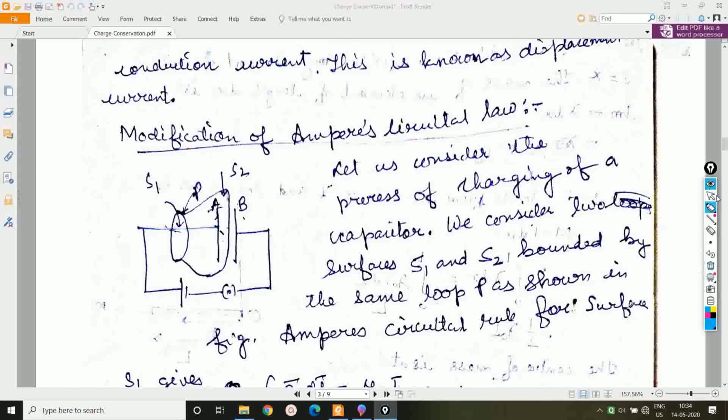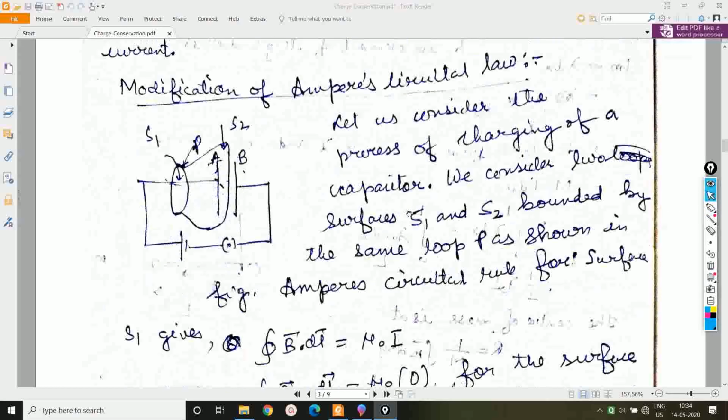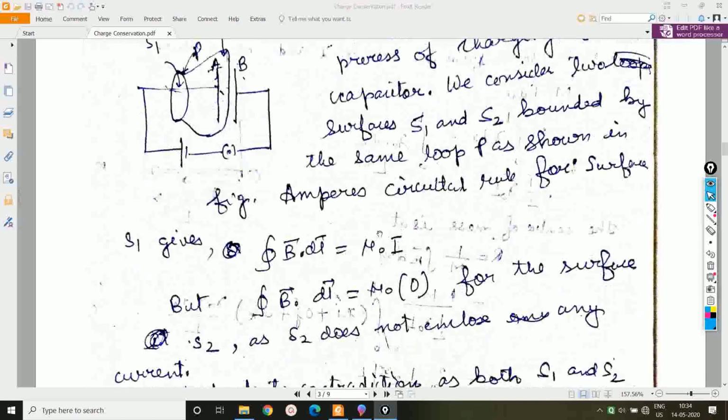Now let us apply Ampere's circuital law for the surface S1. You know what Ampere's circuital law is: the line integral of B dot dl is equal to mu 0 times the current enclosed by the surface.